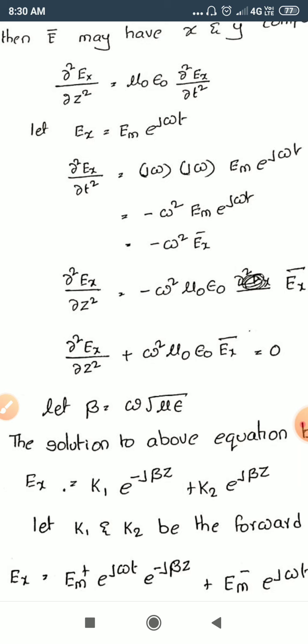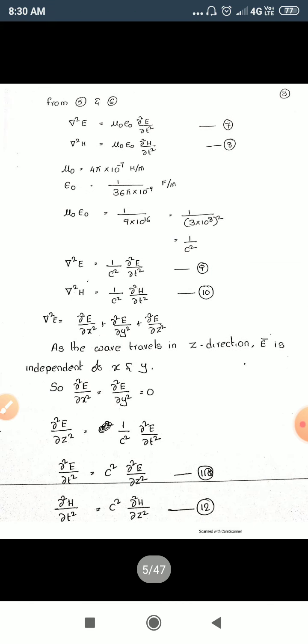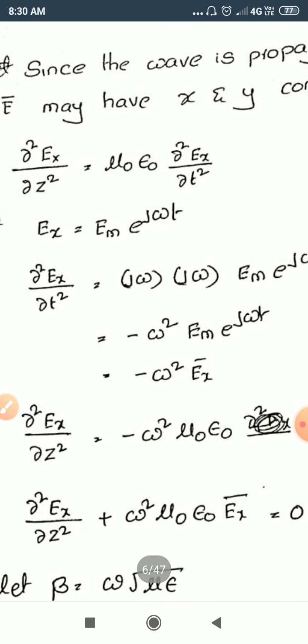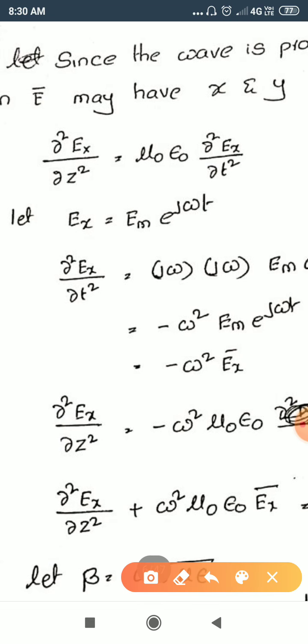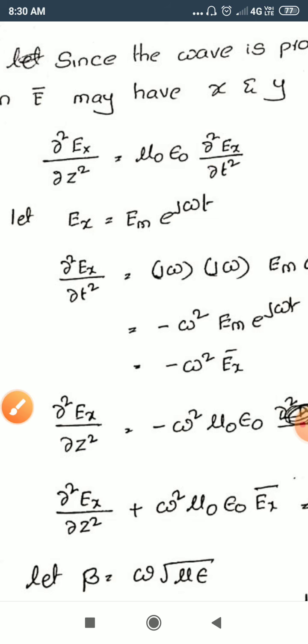Simply for the previous 11th equation we added a suffix x, because the wave is propagating along z. So from the 11th equation we got this equation.